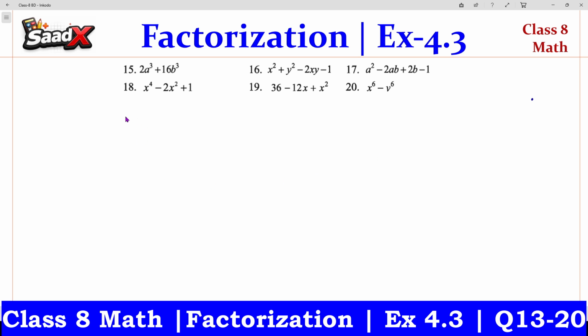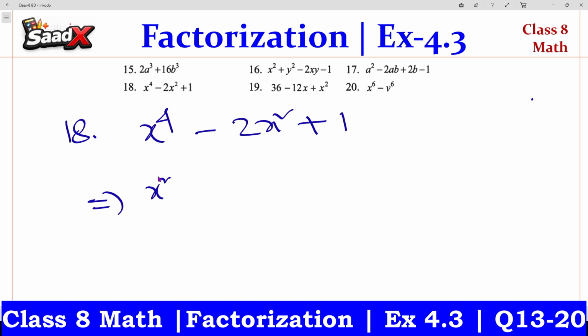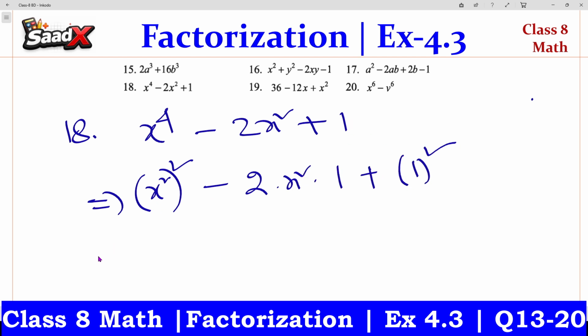Number 18. 18 is important math, like x to the power 4 minus 2x square plus 1. So we can write like x square, then square, it's a square, minus 2ab. a means x square and b means 1 plus b square, it means 1 square, right? So we can write this as x square minus 1 whole square, right?